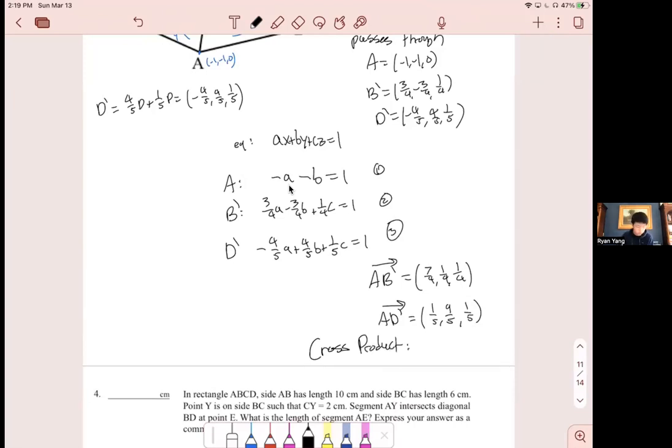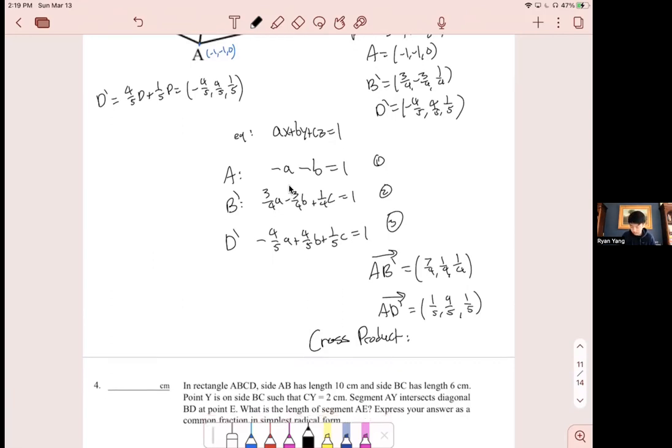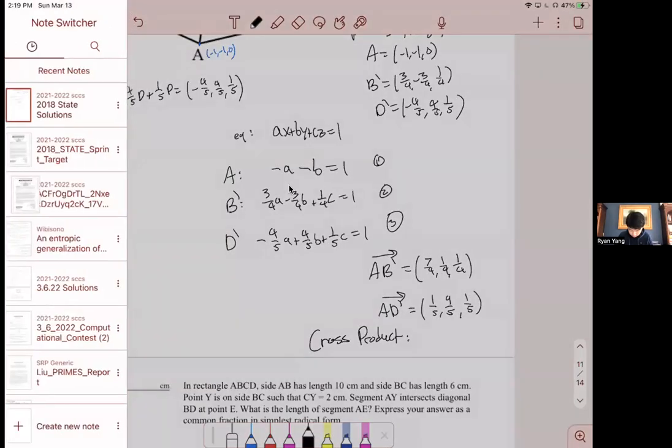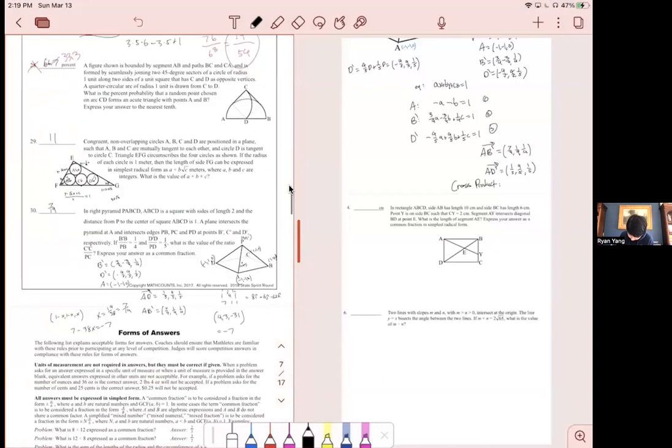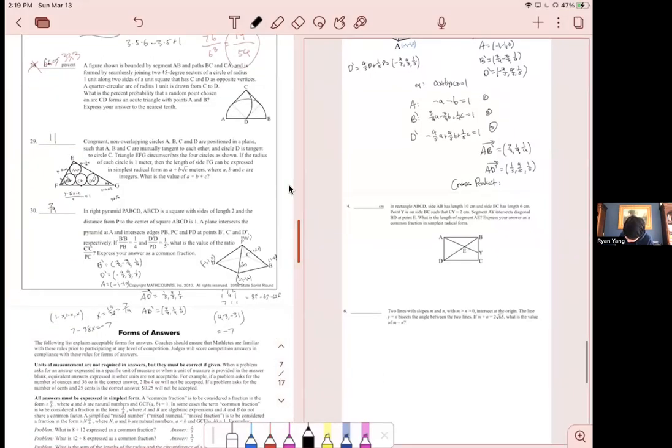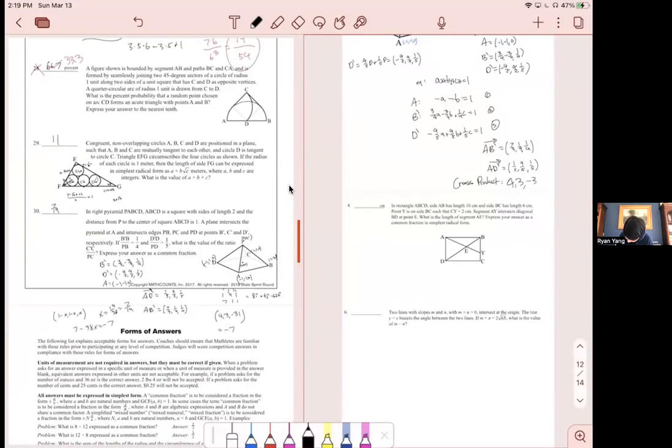You take the cross product of these, and it ends up being (4, 3, -31).